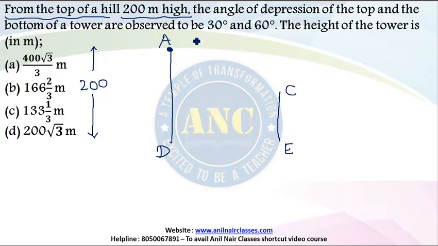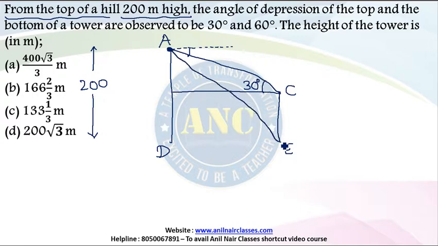Now, if I draw a horizontal line here, from here to the top of the tower, the angle of depression, this particular angle, is 30 degree. That means this angle C is nothing but 30 degree. Similarly, angle of depression to the bottom of the tower, this particular angle is 60 degrees. That means angle E with respect to the level ground is 60 degrees.